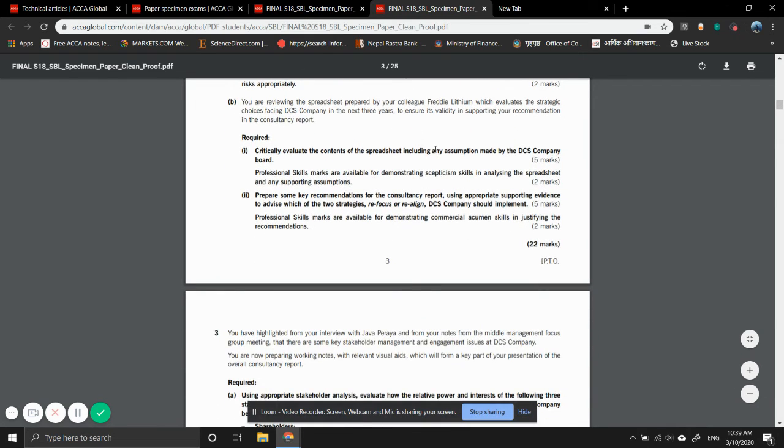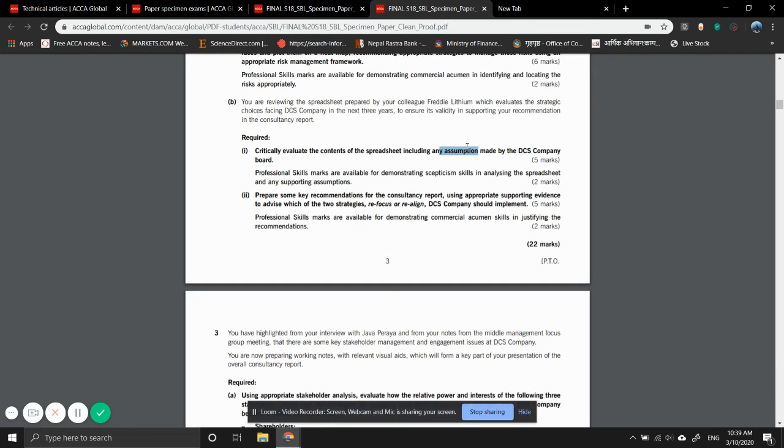Okay, that will be very crucial because based on those assumptions only the data has been generated, right? So it's the main thing. So skepticism skills. We have to be a bit skeptical of the assumptions, and probably any other supporting assumptions as well that we might give.